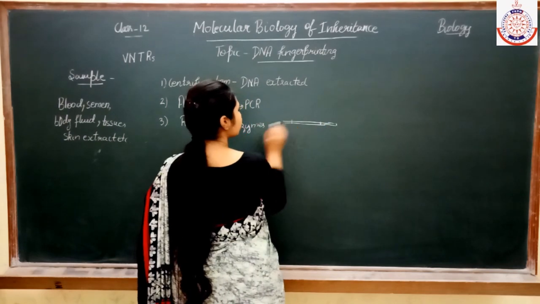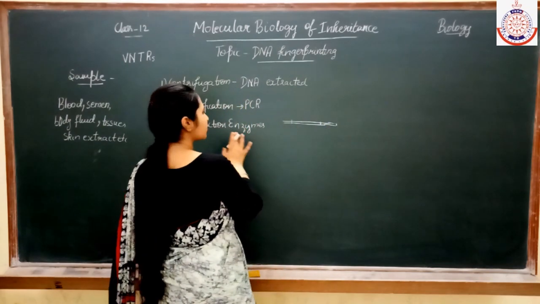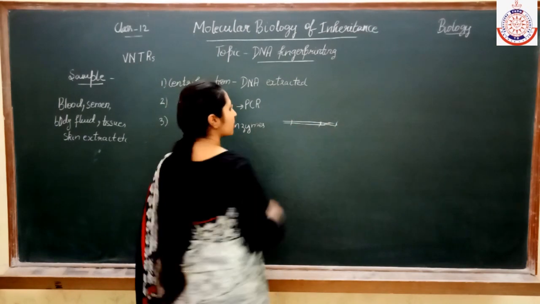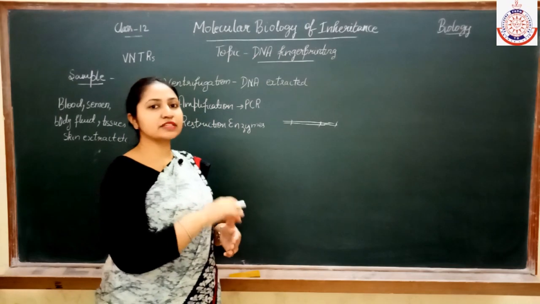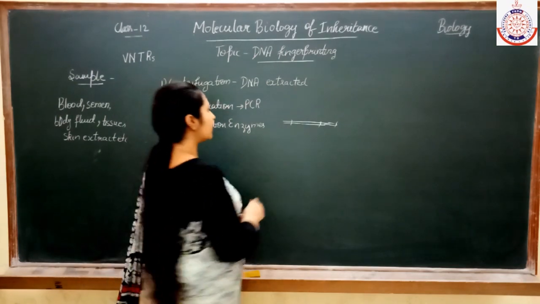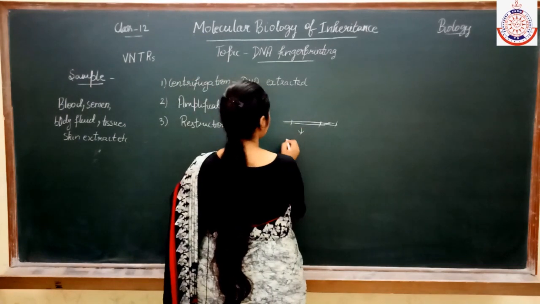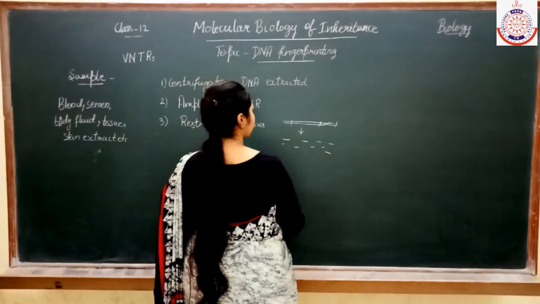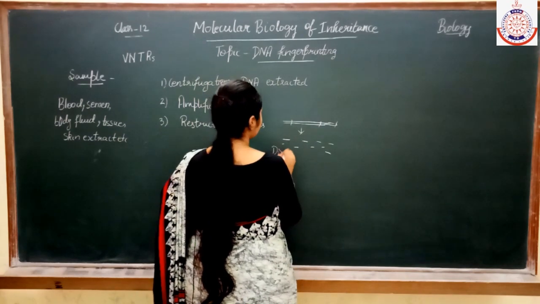Suppose this is a specific site; the restriction enzyme will produce a cut here, here, here. Means at the particular specific sites it produces cuts in the DNA, and then it produces a lot of DNA fragments.